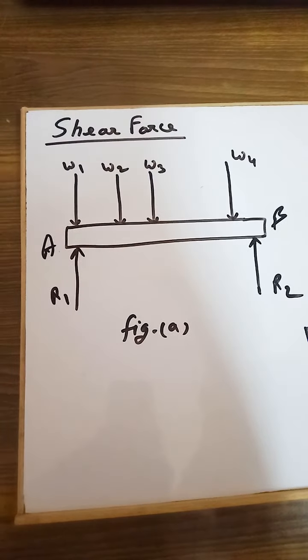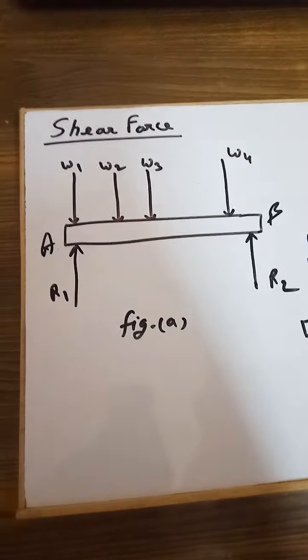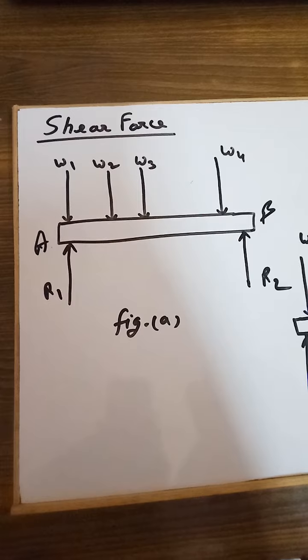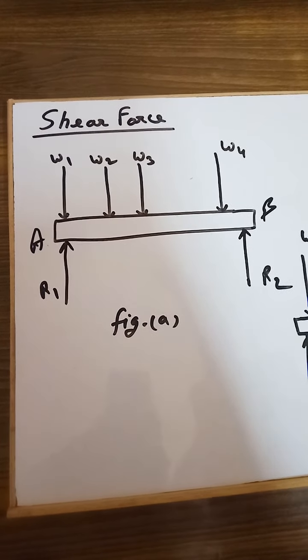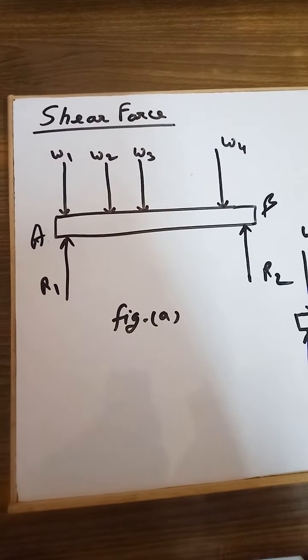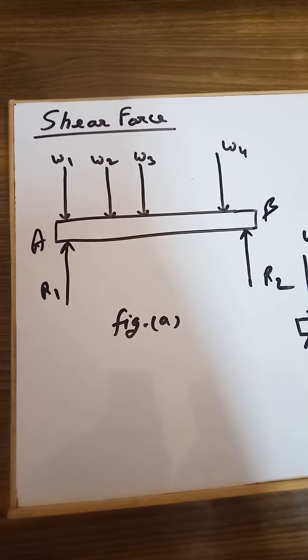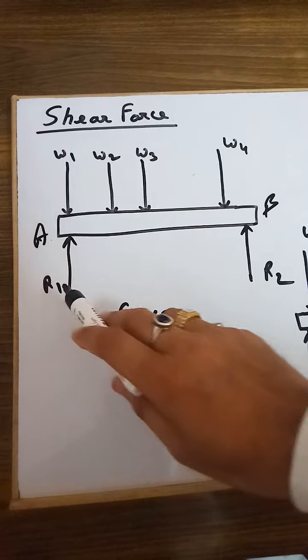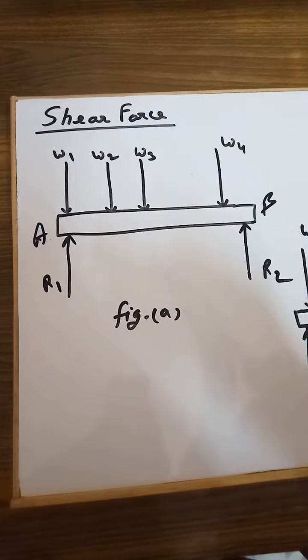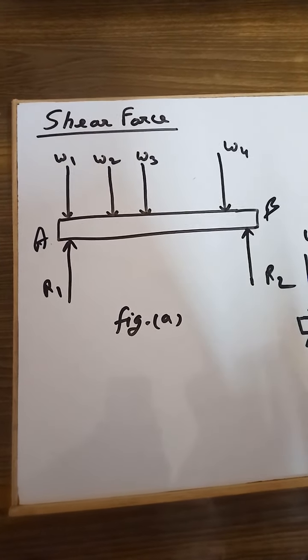These are the four loads acting on the beam. The reactions at the supports are R1 and R2, which are displayed here.